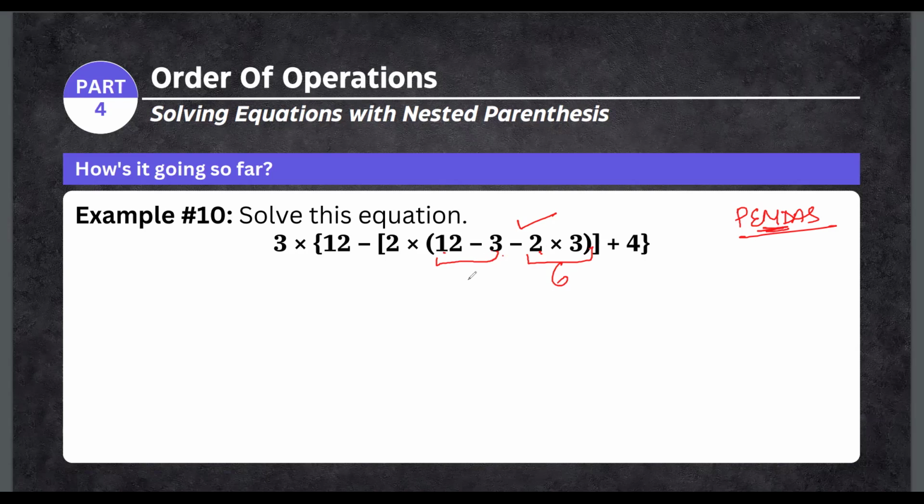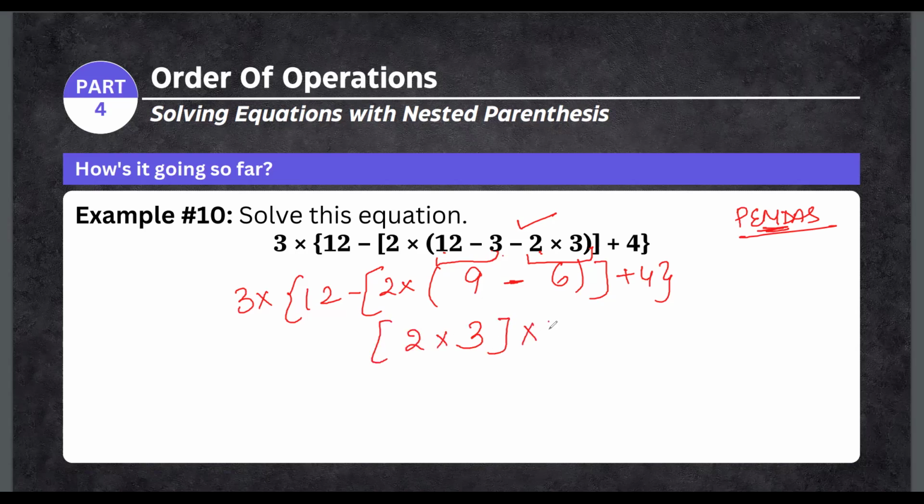And here 12 minus 3 is 9, and we have a minus sign in between. Okay? You have to follow the PEMDAS rule always. Okay. Now 9 minus 6 is 3. So this is your square bracket. This is your curly bracket.